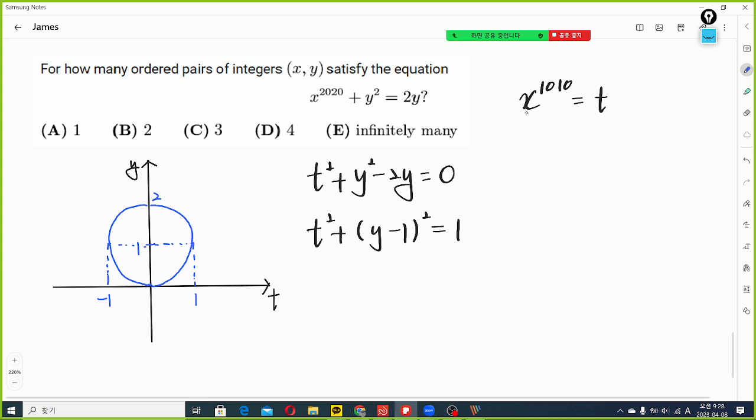Because x is even powered, t should be greater than or equal to 0.